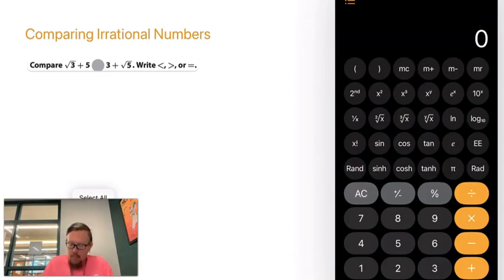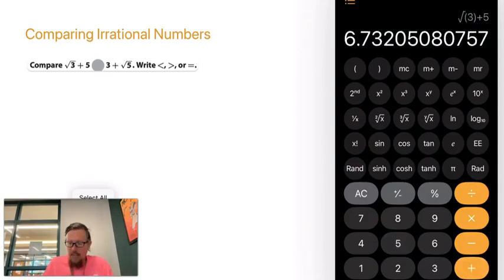Okay, so let's take the square root of 3 plus 5 and get a decimal for that, which is let's call it 6.73. I don't know if I'll need more than two places after the decimal yet, but let's start there, 6.73. And then I'm going to do the other side, 3 plus the square root of 5.